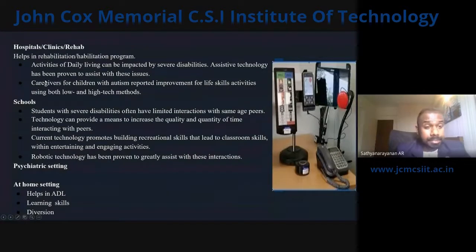Schools also use this technology to see how kids respond. Even every CBSE school now has a special education department, so any special education tools being built are evaluated by these people as well. Psychiatric settings are important, and home settings as well.